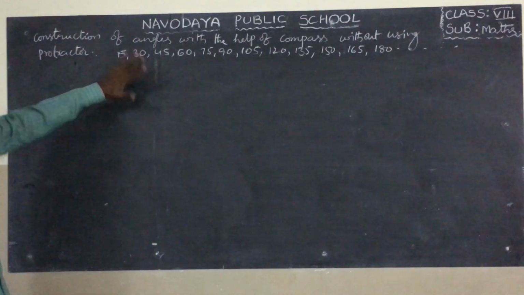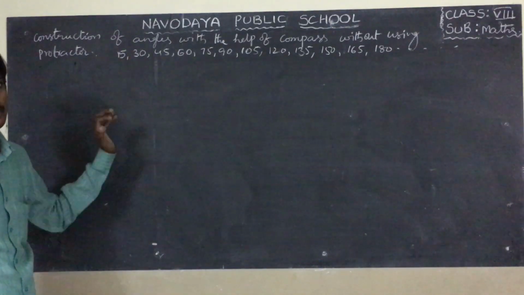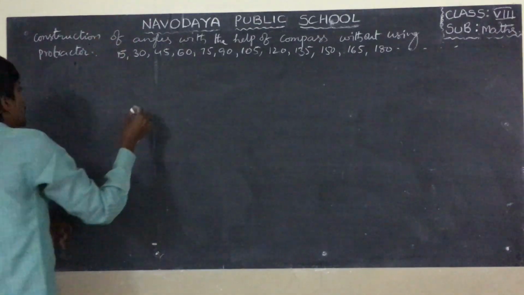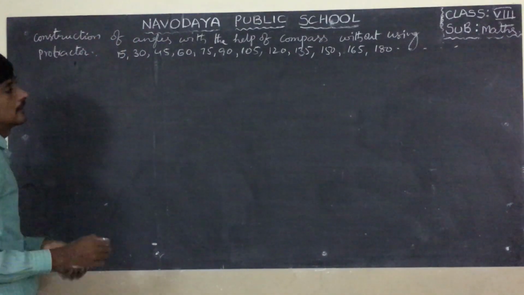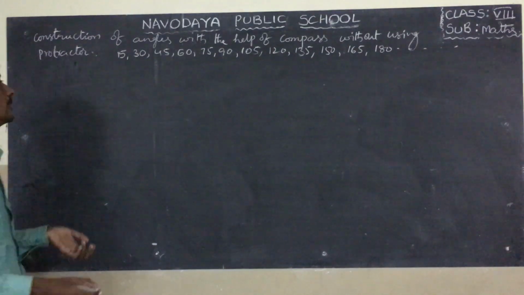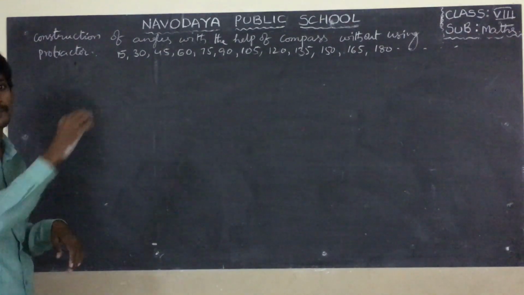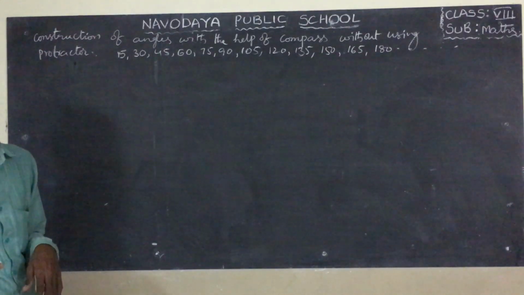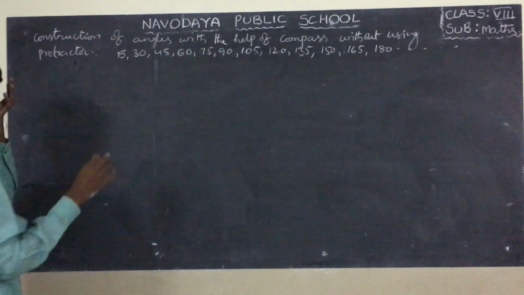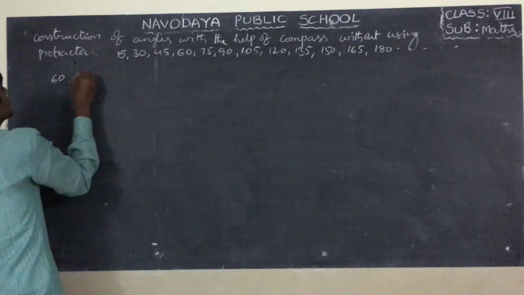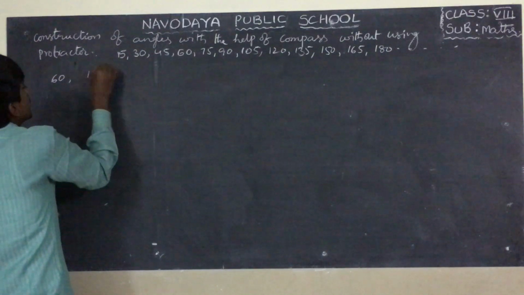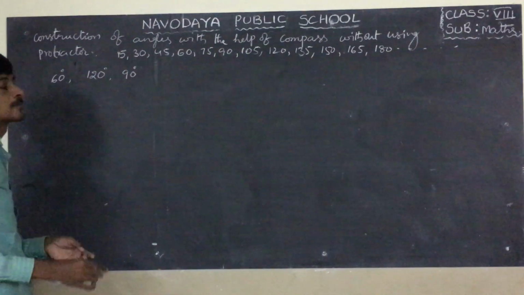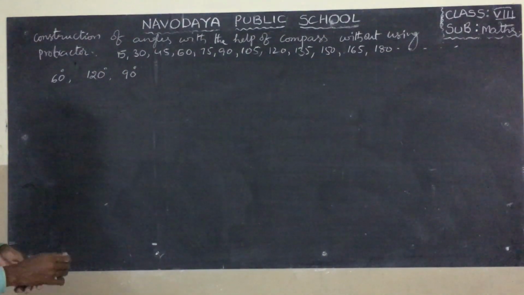I will show how to construct these angles. Look at the board, students. First I will draw 60 degrees, 120 degrees and 90 degrees. Students, listen.